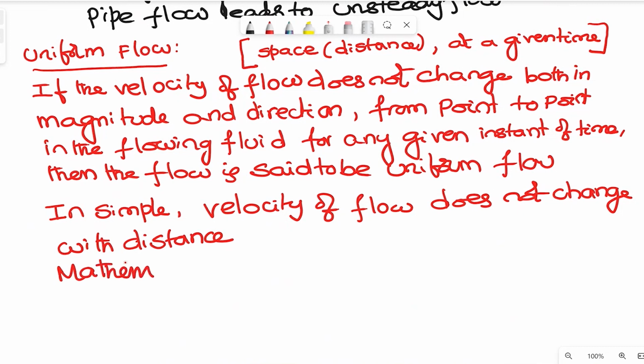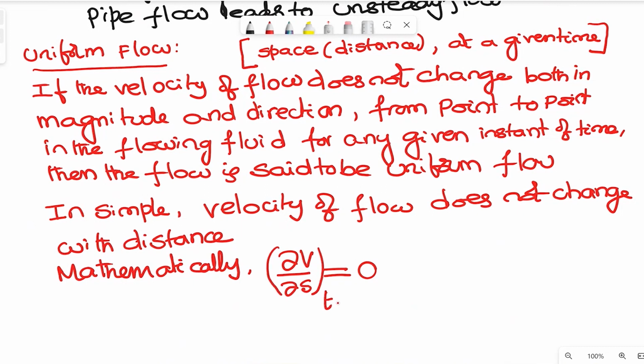Mathematically, dou v by dou s is equal to 0, where s represents the distance, and this is at a given time t that we should remember.